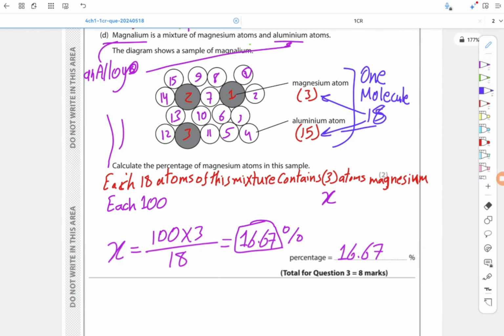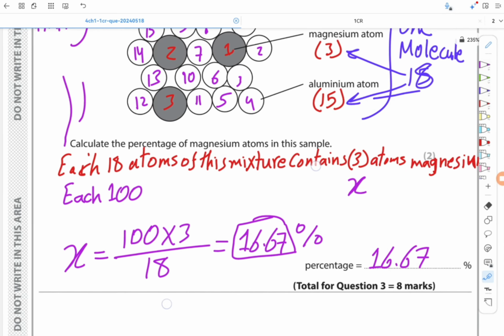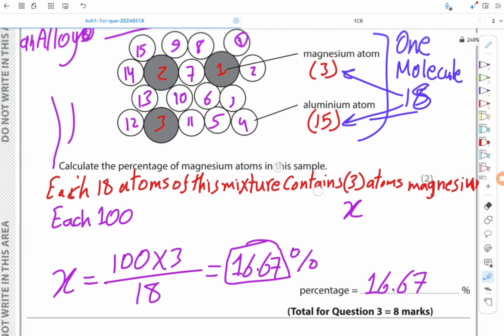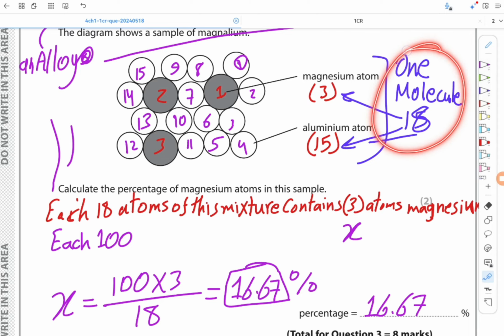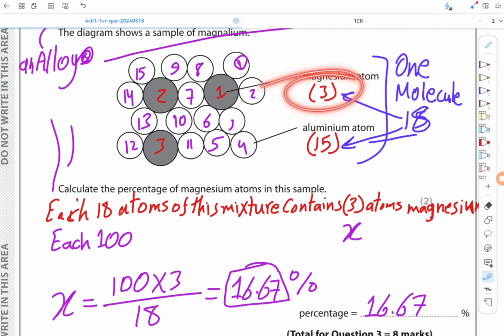So what is the question here, my friends? The question is, calculate the percentage of magnesium atoms in this sample. The question is very easy here. We know that the sample is 18 atoms, 3 of them magnesium.